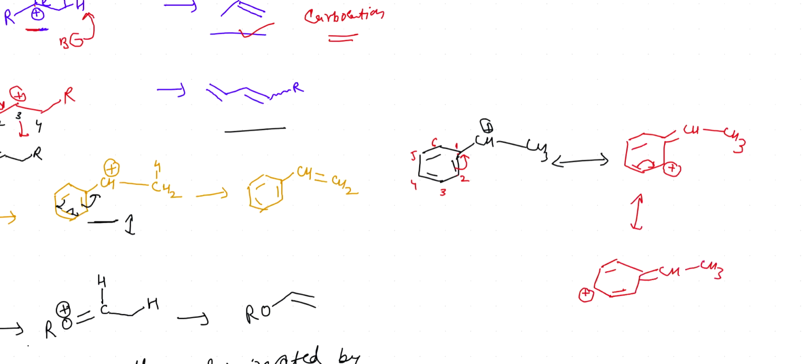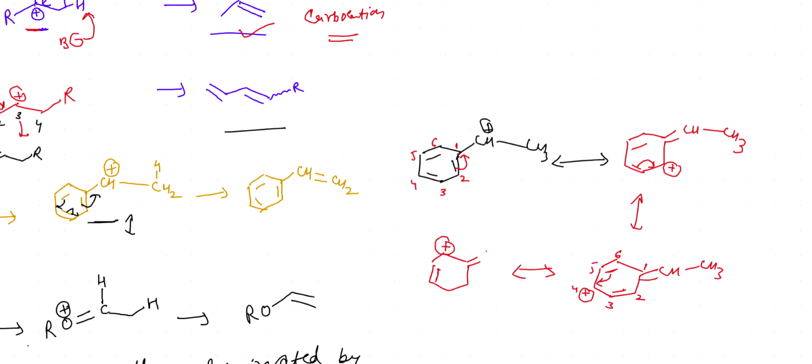So you just mark the carbons 1, 2, 3, 4, 5, 6. Now look at carbon number 4. Now the positive charge is at carbon number 4. Again, carbon number 5 will transfer its pi electrons to carbon number 4. Then there is a double bond between carbon number 4 and 5, and carbon number 6 will acquire positive charge.